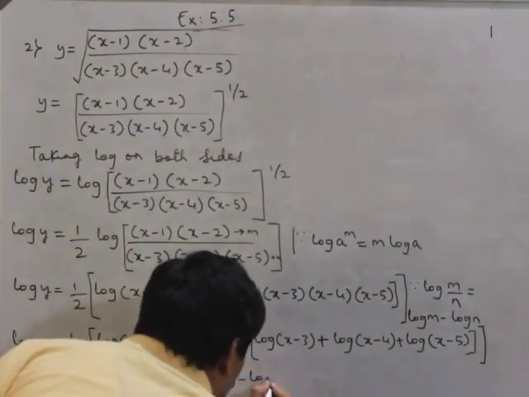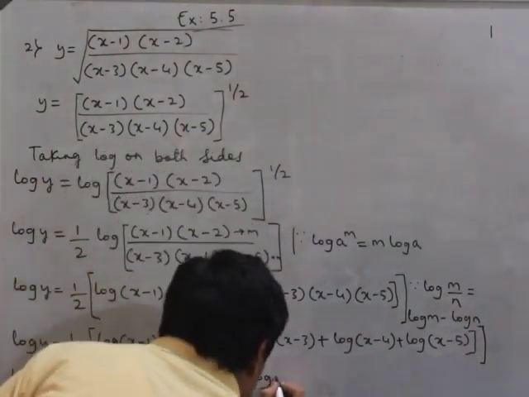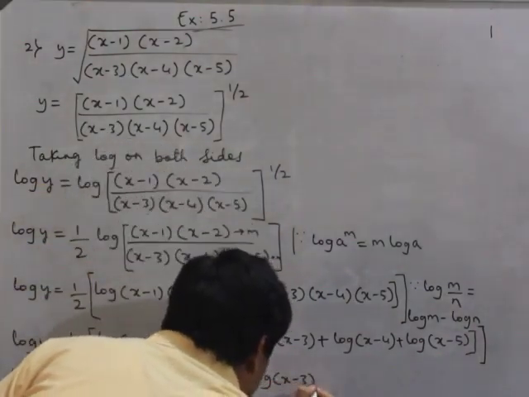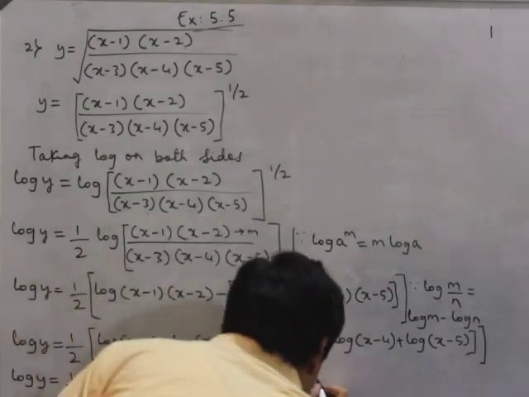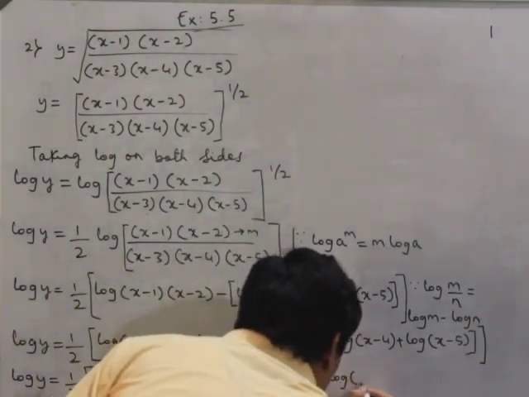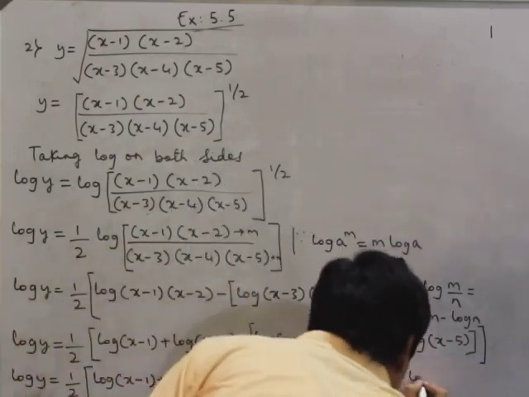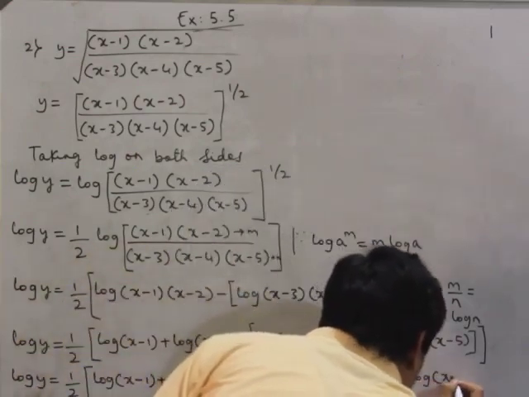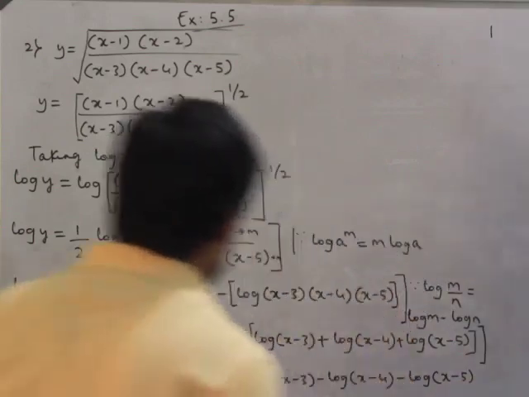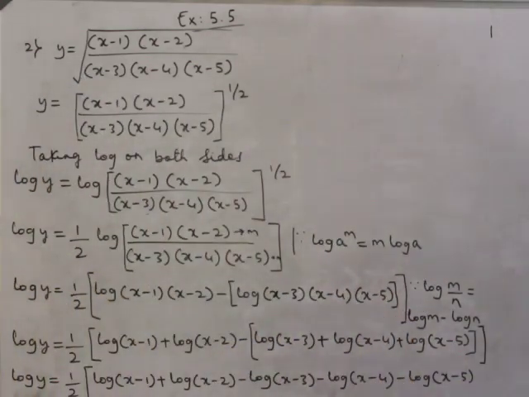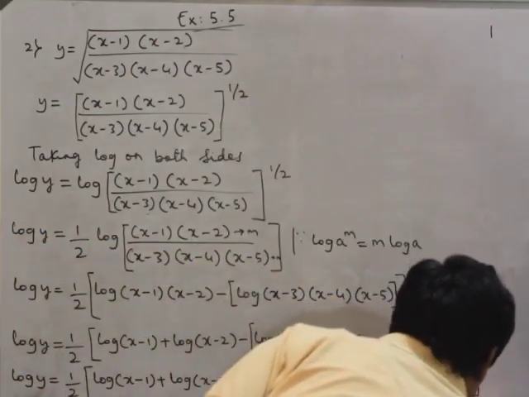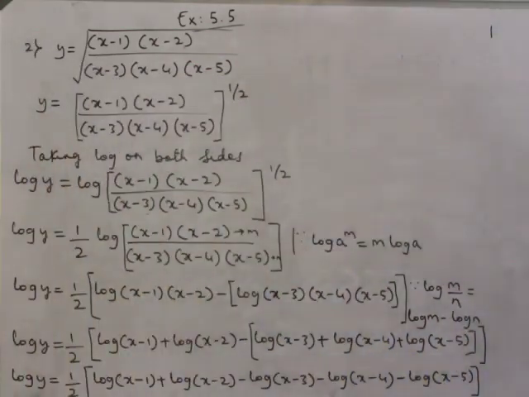Minus log of x minus 3 minus log of x minus 4 minus log of x minus 5. So write the bracket. Alright, now we are good to differentiate this function.